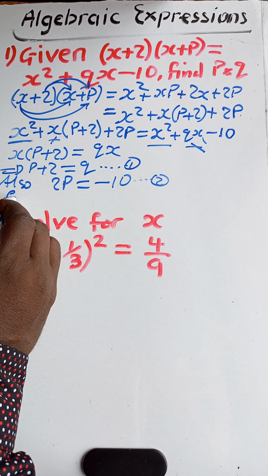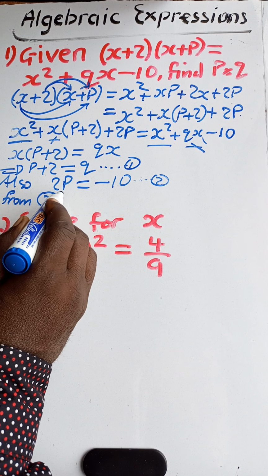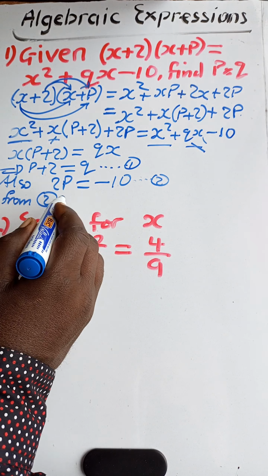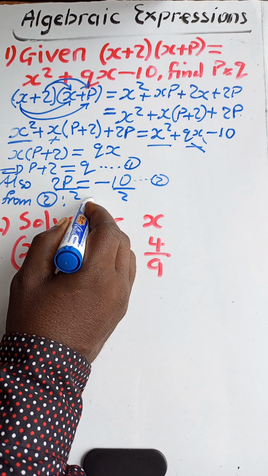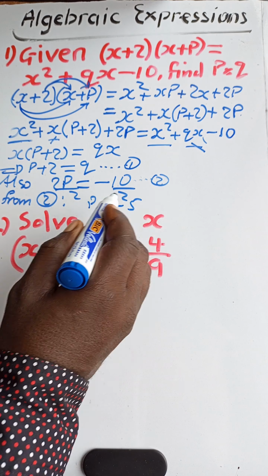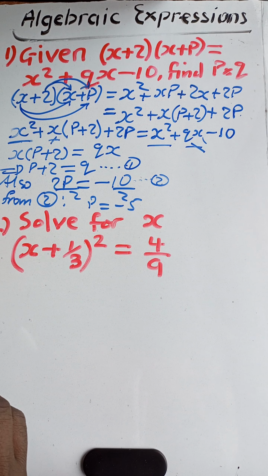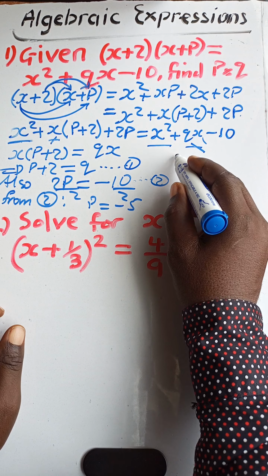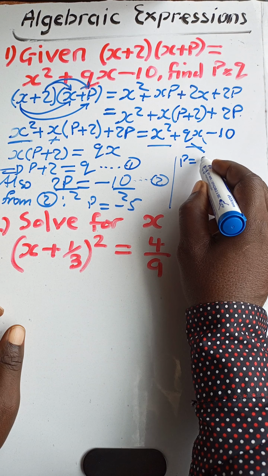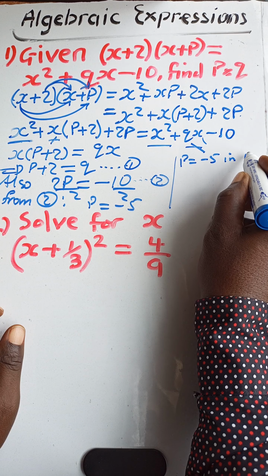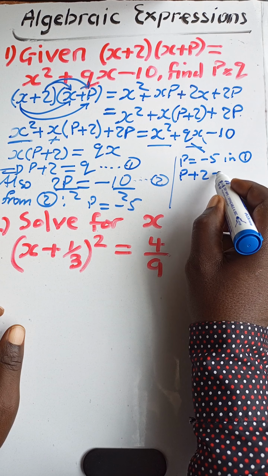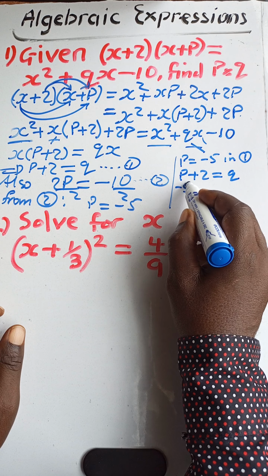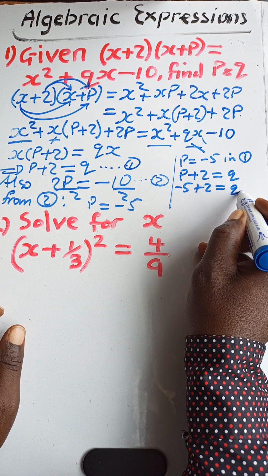So from equation 2, if we divide both sides by 2, we are going to have p is equal to negative 5. All right, so putting now p equals negative 5 in equation 1, we now obtain negative 5 plus 2 to give us q.